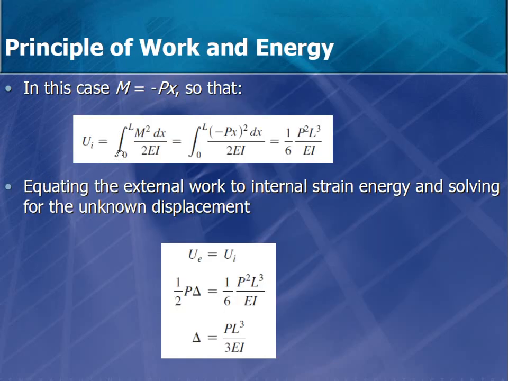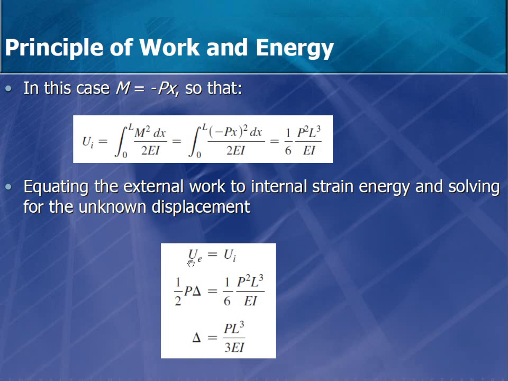In order to take integration, we know the internal energy due to the moment is always M squared dx over 2EI. Then I know the moment here is minus Px. Taking the integration of this from 0 to L is going to lead us to this value, 1 over 6 P squared L cubed over EI.